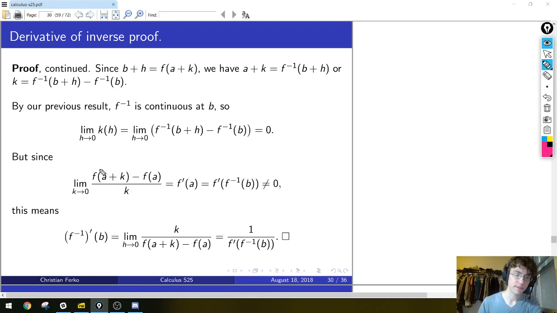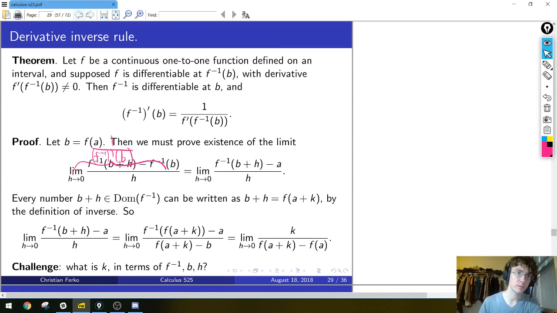This thing is exactly 1 over that, right? So this is 1 over that thing that we were trying to compute a moment ago, which was the derivative of the inverse evaluated at b. Right, the two things, this is f(a+k) minus f(a) over k, and this is k over f(a+k) minus f(a). So the expressions inside the limit are the same, but upside down.